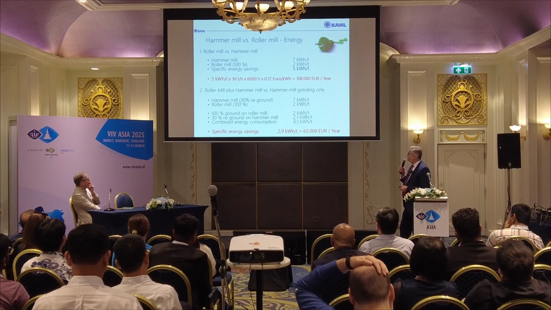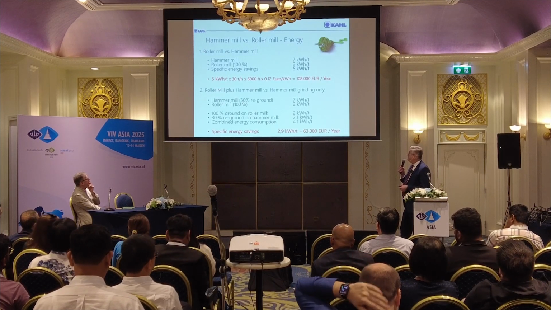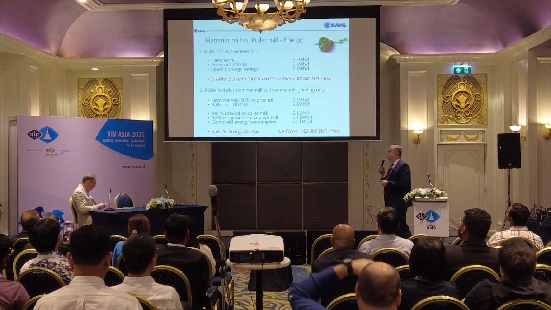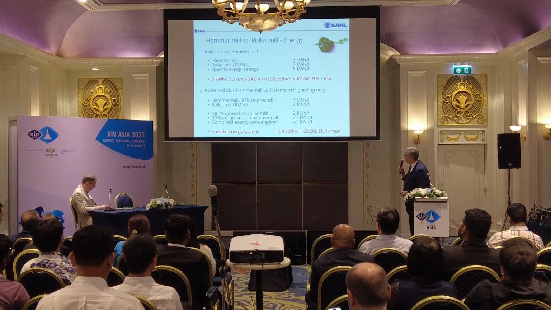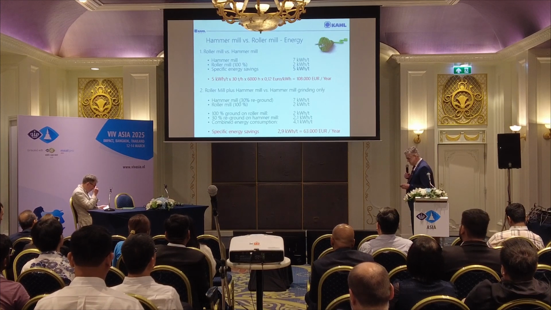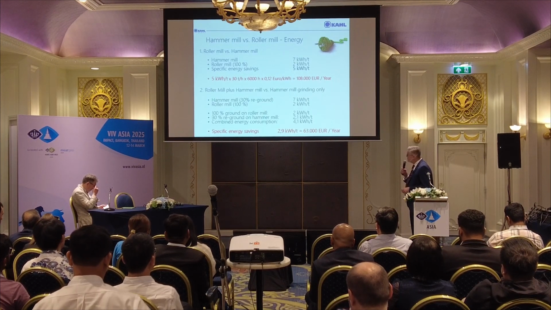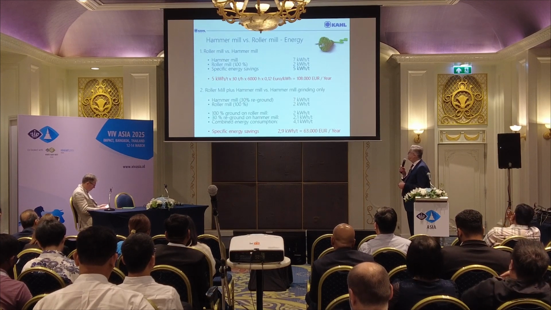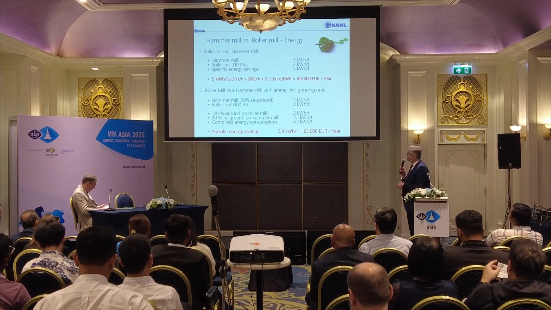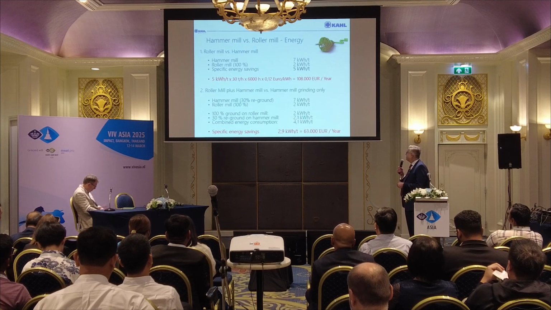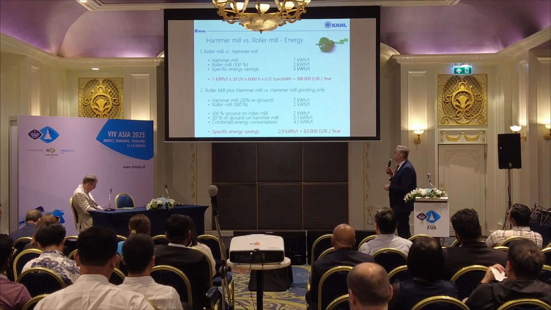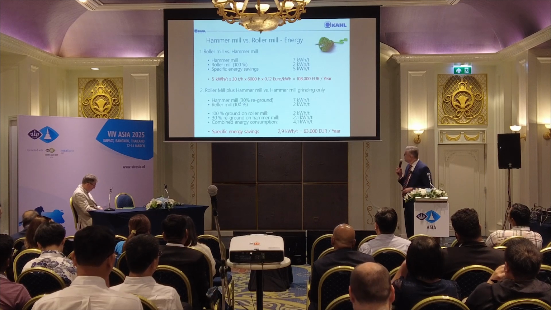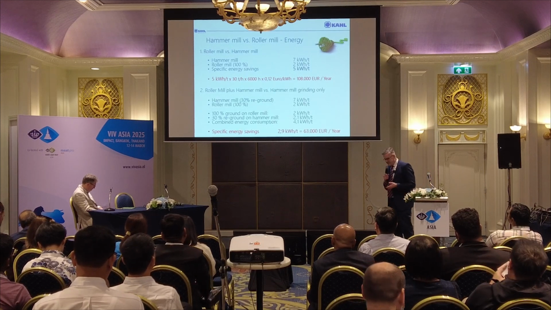The other way, you can of course also have a combination with a hammer mill, so that only the materials which are difficult to grind with a roller mill go onto the hammer mill. Then we have a combination of 7 for the hammer mill and 2 for the roller mill, and we come up with an energy saving of 2.9 kilowatt hours per ton, and then we still have a saving of roughly 60,000 euro per year.